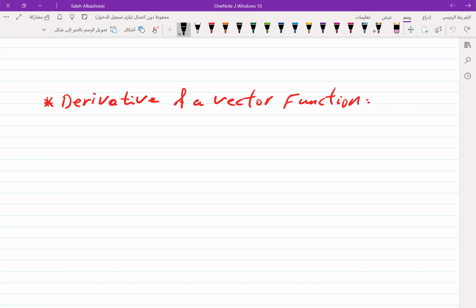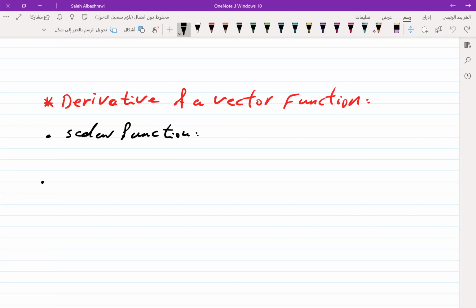We have scalar function and we have vector function. So the scalar function is just a function that will give me scalar value. It is not a vector value.